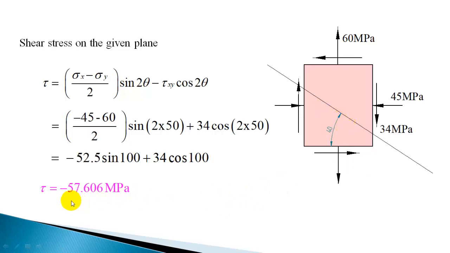So this minus doesn't have much significance here, only numerical value is important in this case, because shear stress will be acting like this. Minus indicates this part of the element is exerting a force downward on this.